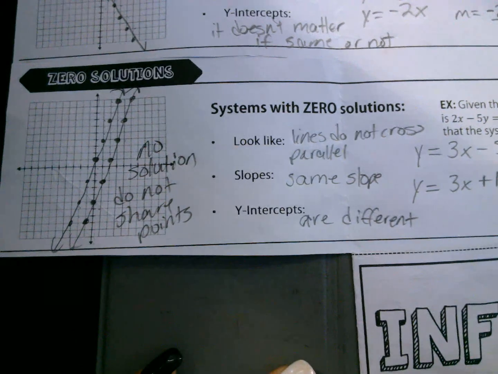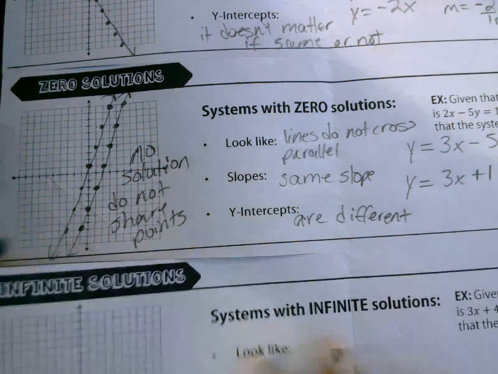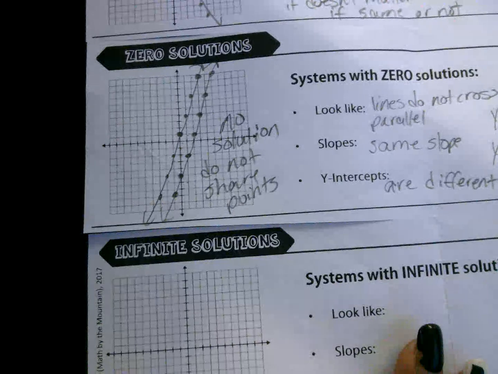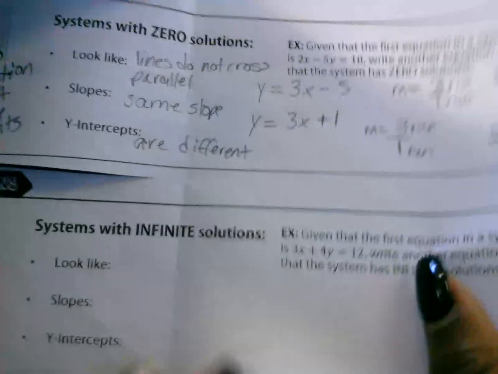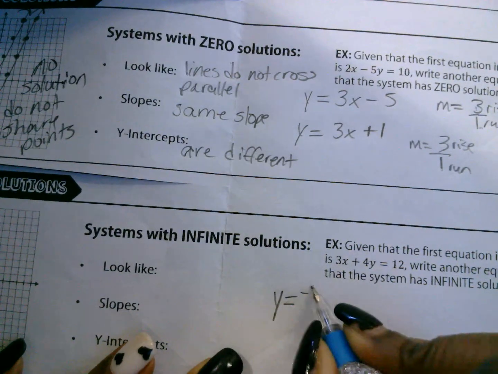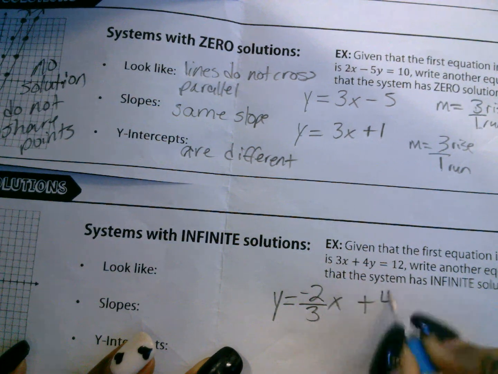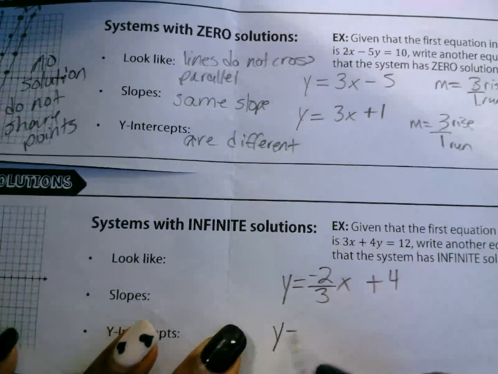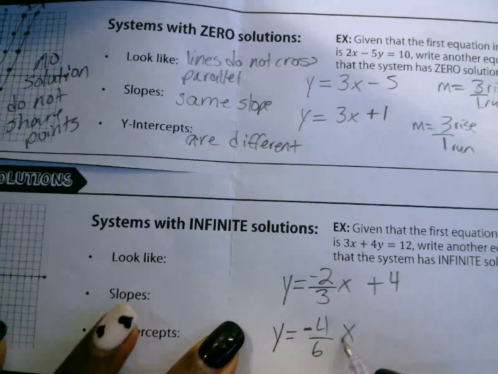Infinitely many. We're going to graph y is equal to negative 2 over 3x plus 4, and then y is equal to negative 4 over 6x plus 4.